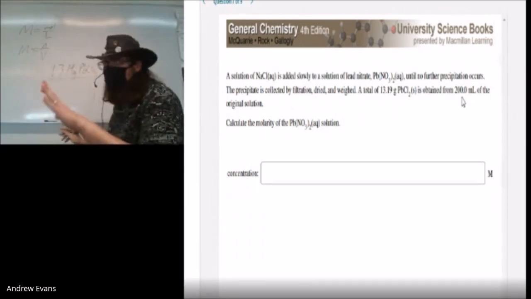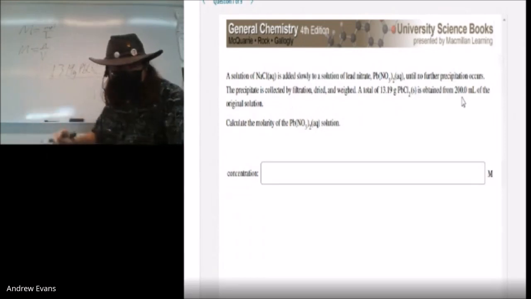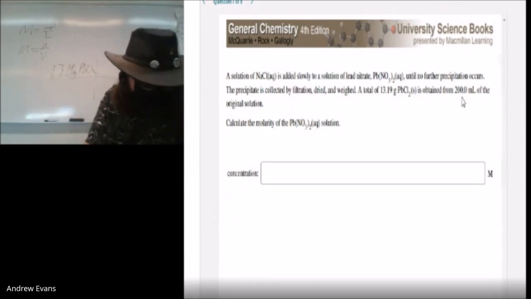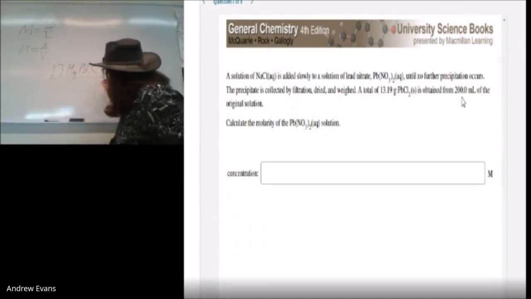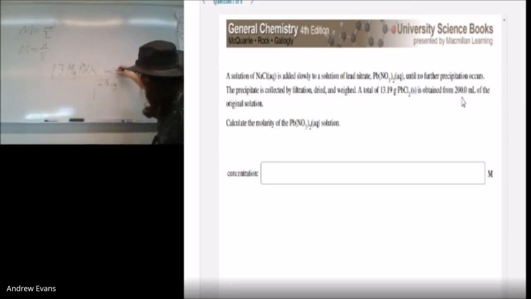So the molar mass of lead chloride, remember we said lead was 207.2. Each chloride is about 35.45, and there's 2 of them. So the molar mass of lead chloride is about 278.1 grams per 1 mole lead chloride.